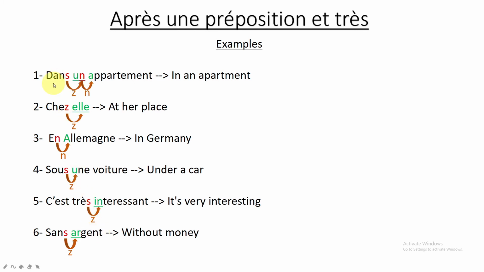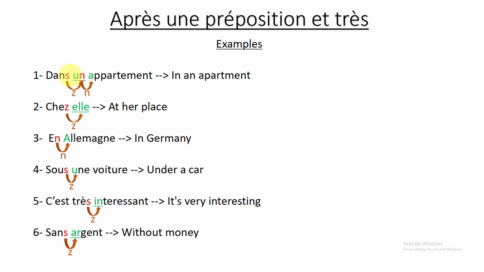This example is a very good one because it shows you that it's not because we have one liaison here that we cannot have a liaison with the next word. So what do we say about liaison? Two consecutive words, the first one ending with a silent consonant, and the second one starting with a vowel.